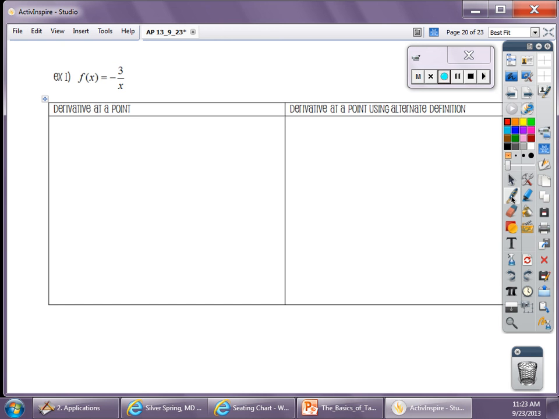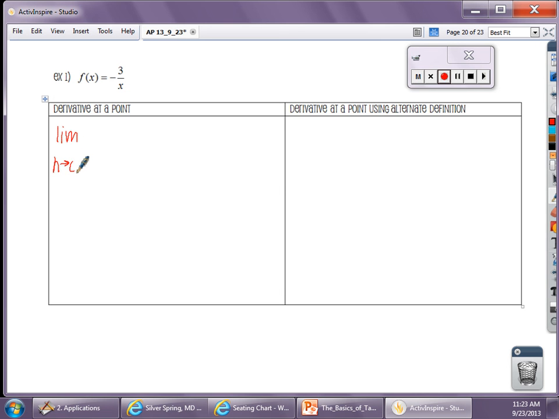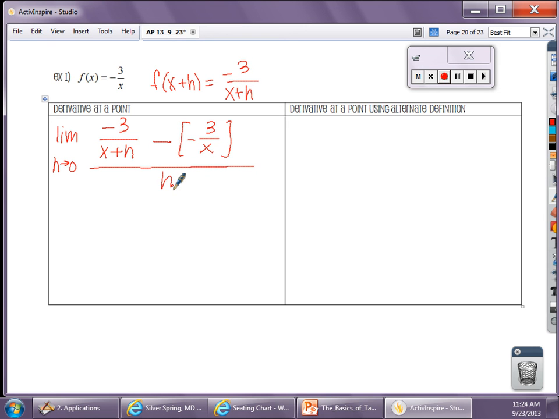The reason why I had you skip it is because I knew it was showing back up again: limit as h goes to 0 of f of x plus h, minus what goes over here, the second part? Negative 3 over x, good, all over h.